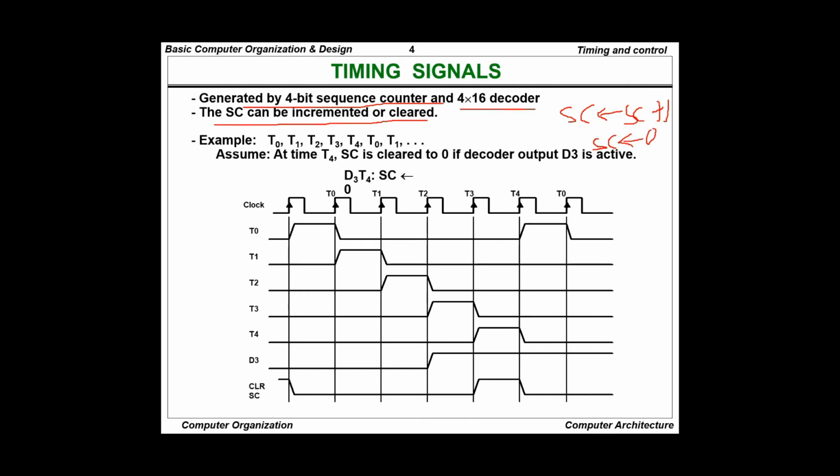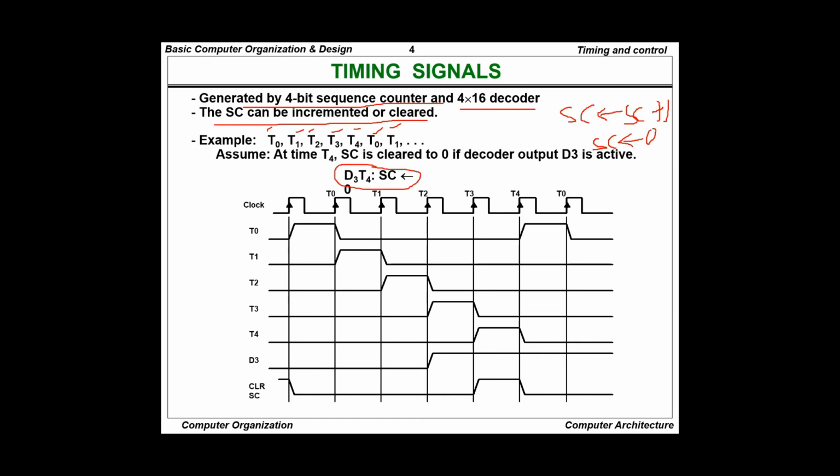For example, T0, T1, T2, T3, T4. Our clock cycles like this: T0, T1, T2, T3, T4. Again T0, T1, T2, T3, T4. Like that, it keeps on going. So this is our clock. If you see here, this is D3, T4.